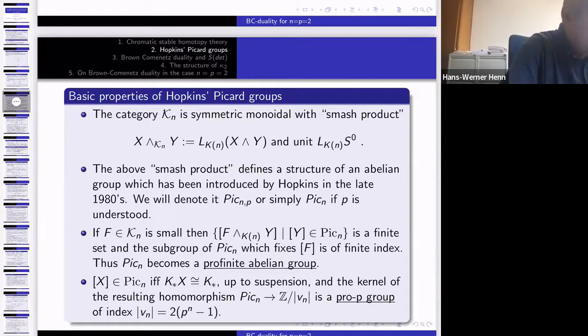Every small object in Kn defines a finite index subgroup, not only a set, a finite index subgroup, I think. That's just those Y in Pic which become... There's another typo. It's those Y in Pic which become.